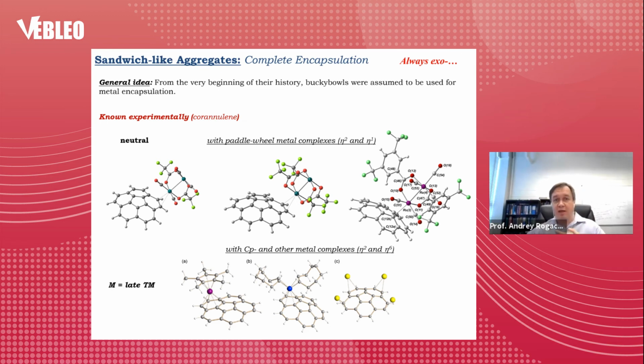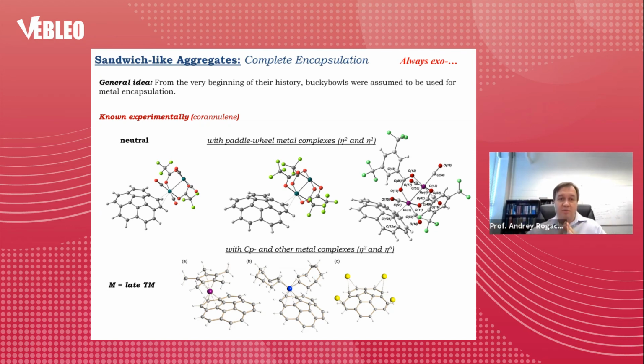And from the very beginning of their history, buckybowls were assumed to be used for such metal encapsulation, providing a chemical way to get these endohedral fullerene species. Surprisingly, this idea was around for more than 40 years, and it was found that it doesn't work so far.